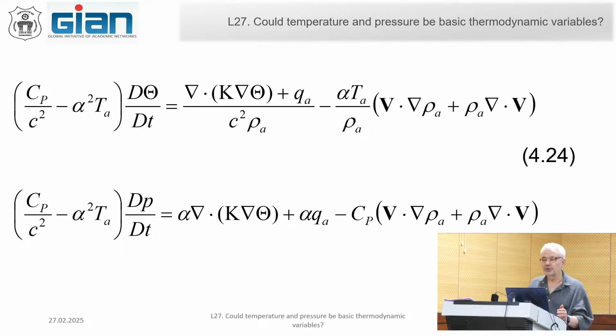So the order of the equation rises very significantly. If it was an equation of the second order, now it becomes an equation of the fourth order. And everything is in partial derivatives. Of course, it's much more difficult to solve this problem either numerically or asymptotically or in any case.